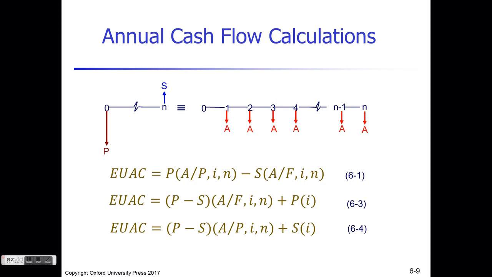Because if you come here, you will ask, what is the reason why we add P here when we have F to A? And what is the reason why when we have A to P, we add S, which is going to be the future value, correct? The reason is only formulas.